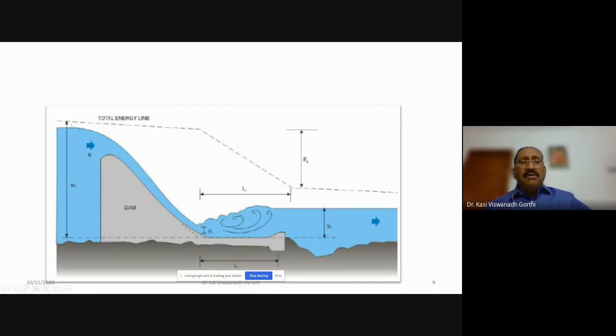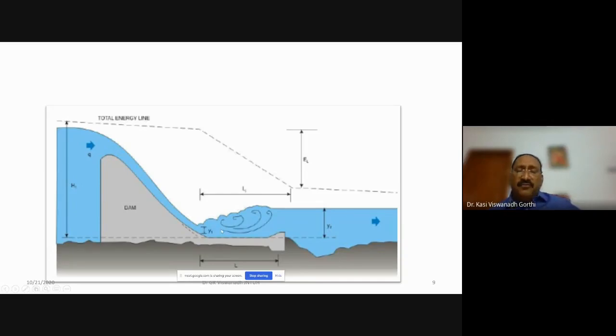To have this flow of water over the surface, at the foot of the spillway there will be formation of the hydraulic jump, and a lot of energy dissipation takes place. Finally, the depth will be equal to the subcritical flow depth y2.